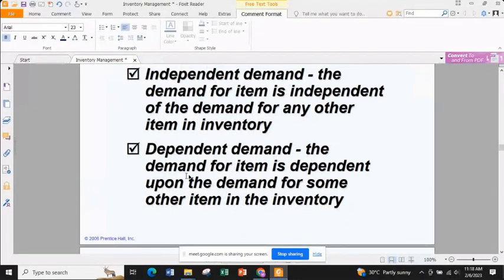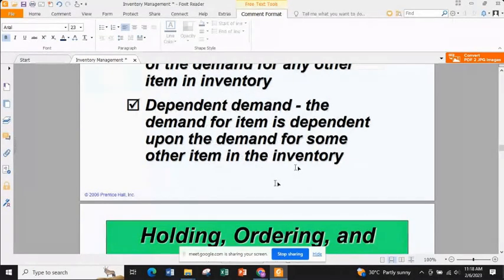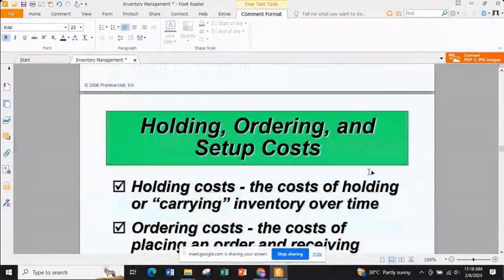Dependent demand, the demand for an item is dependent upon the demand for some other item in the inventory. Sometimes a product you can order late because it's not 100% independent, but certain items are dependent on material from the previous process.